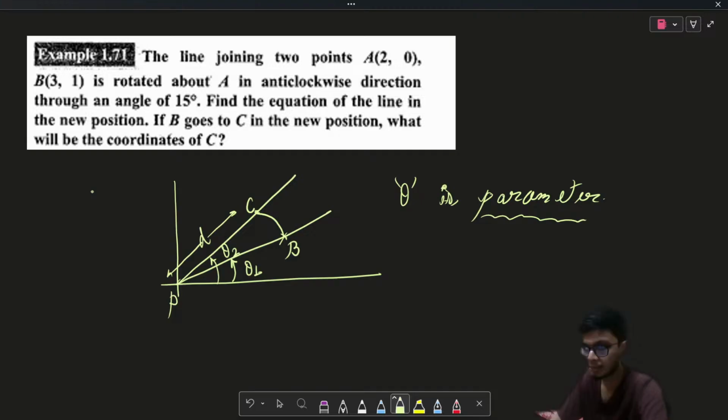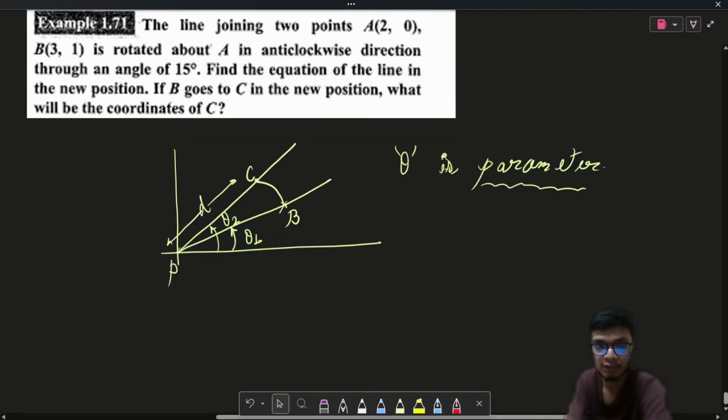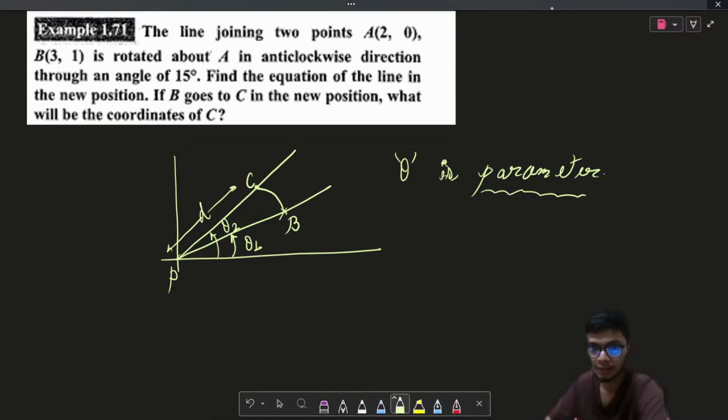First of all, the solution step is quite simple. What you can do is first try to find out the slope of the line. Let me formulate the problem. Here it is said that this particular point is point A, whose coordinate is given as (2, 0).